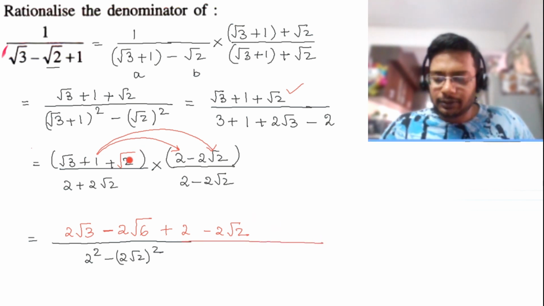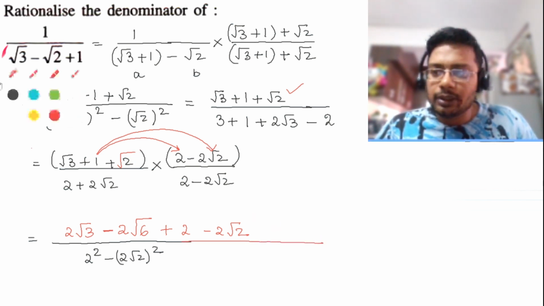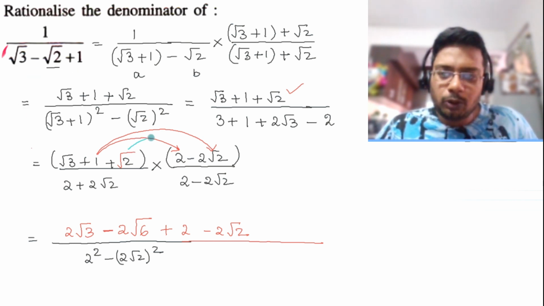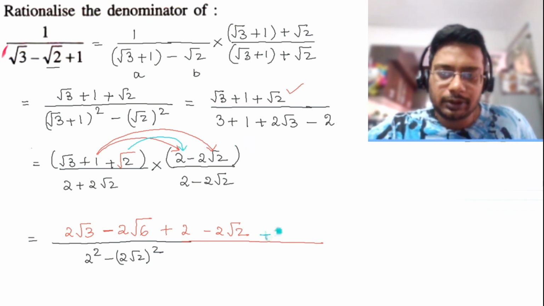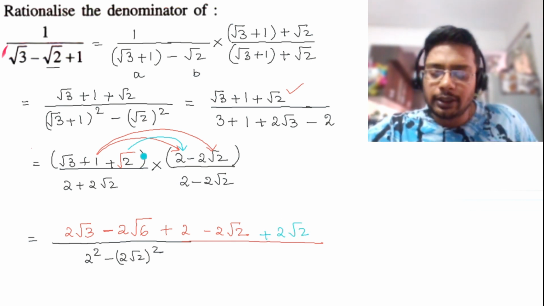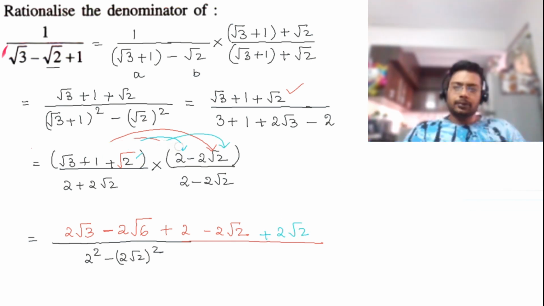Now the third term, which is root 2. Root 2 multiplied with 2 is 2 root 2. Then root 2 multiplied with minus 2 root 2 is minus 2 root 4, that is minus 2 into 2, that is minus 4.